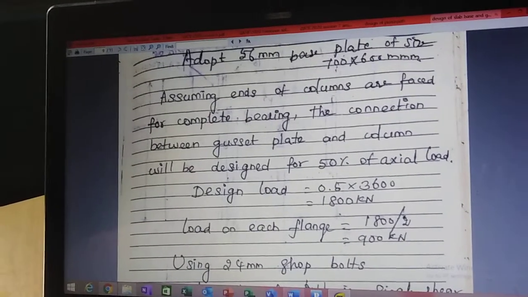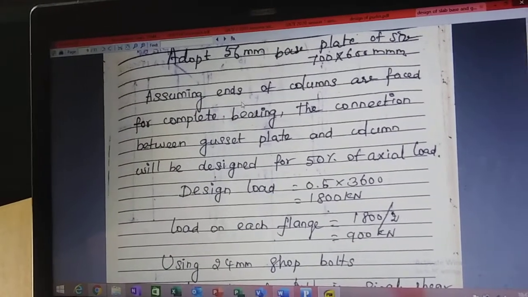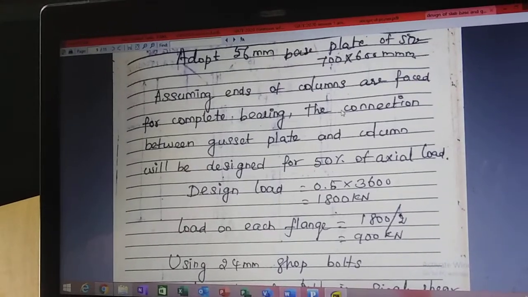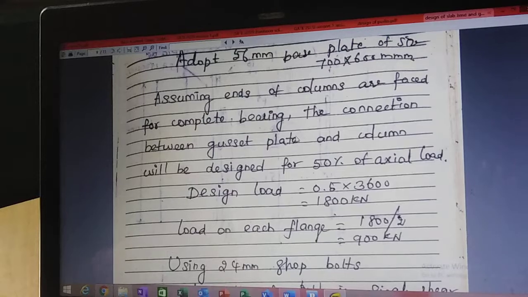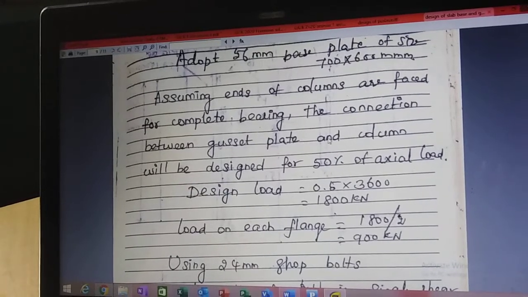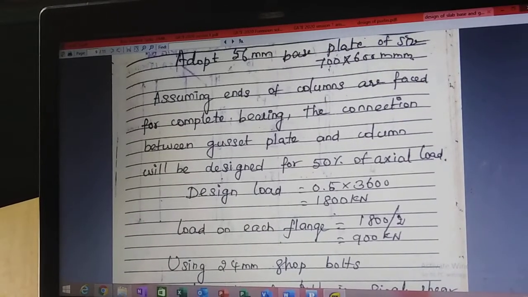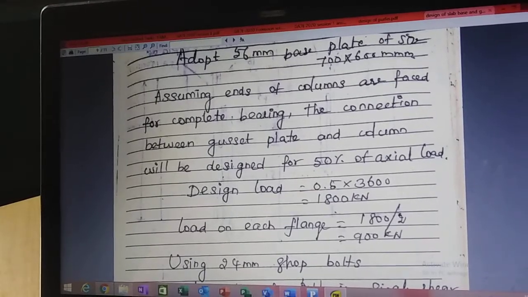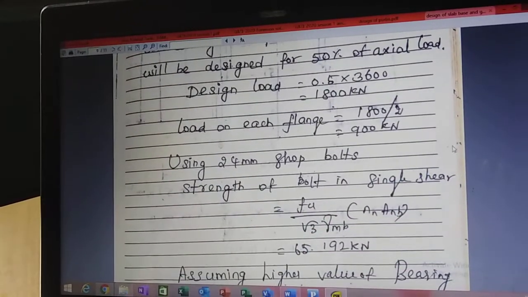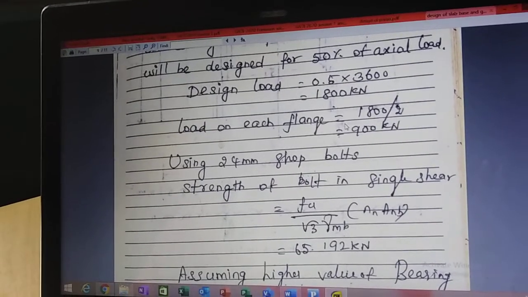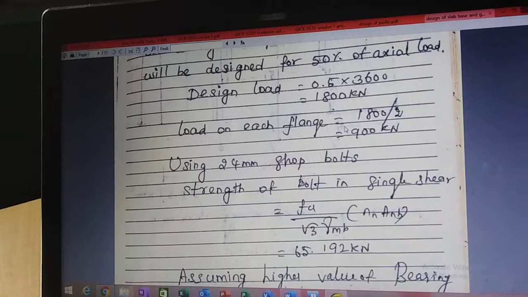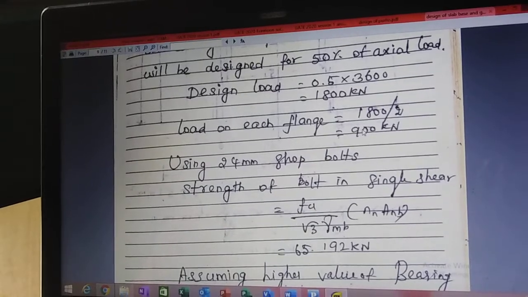So in this problem, I have assumed that the ends of the columns are faced, faced means machined, for complete bearing. The connection between gusset plate and column will be designed for 50% of the axial load. Out of the total load 3600 kilonewton, 50% is 1800 kilonewton. Since we are providing 2 gusset plates, load to be carried by one plate is 900 kilonewton.